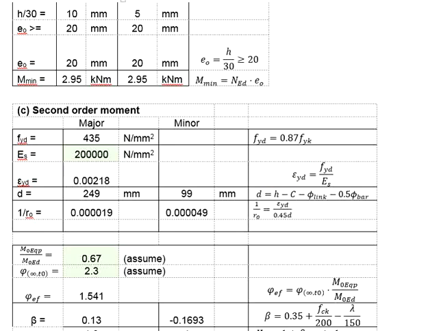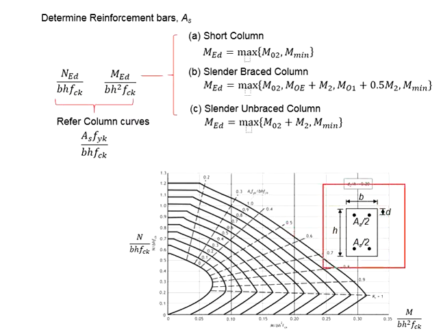Calculating the d, you can sketch the reinforcement bar in the typical column. We are talking about the effective depth in the major axis as well as in the minor axis.